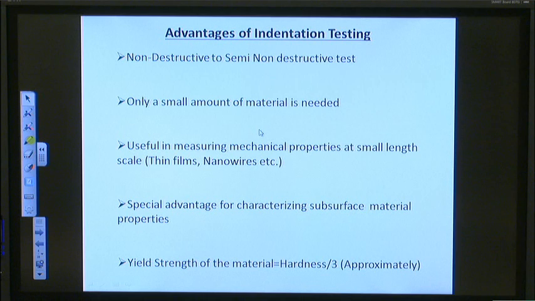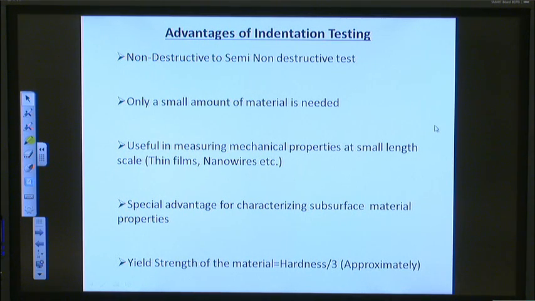For indentation we just need a polished surface, and if we have that polished surface, we are ready to perform indents. The second point is that only a small amount of material is needed for an indentation test. That means only a small polished surface is needed. We do not need any kind of machining to prepare a test specimen for indentation.